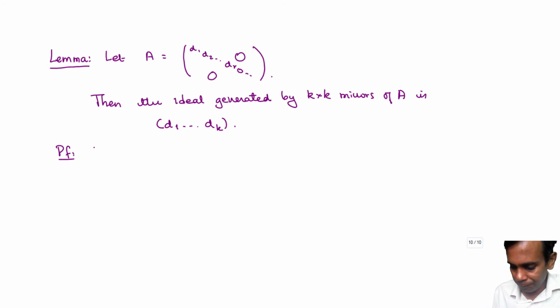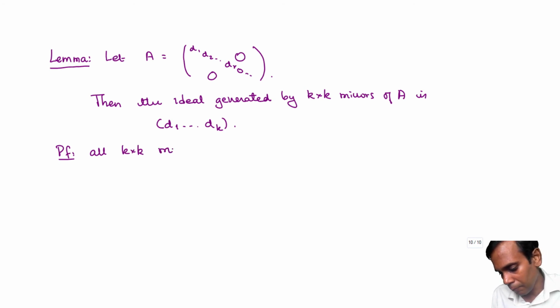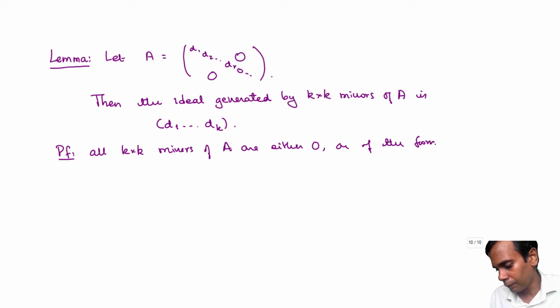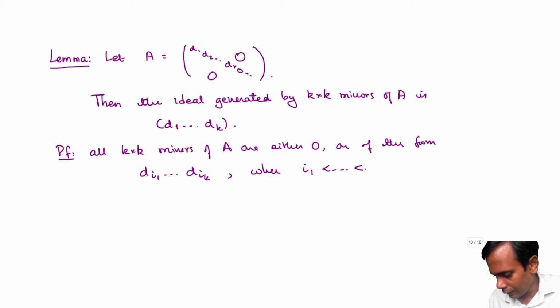So all k by k minors of A are either 0 or of the form D_{i1} up to D_{ik}, where i1 is less than up to ik.